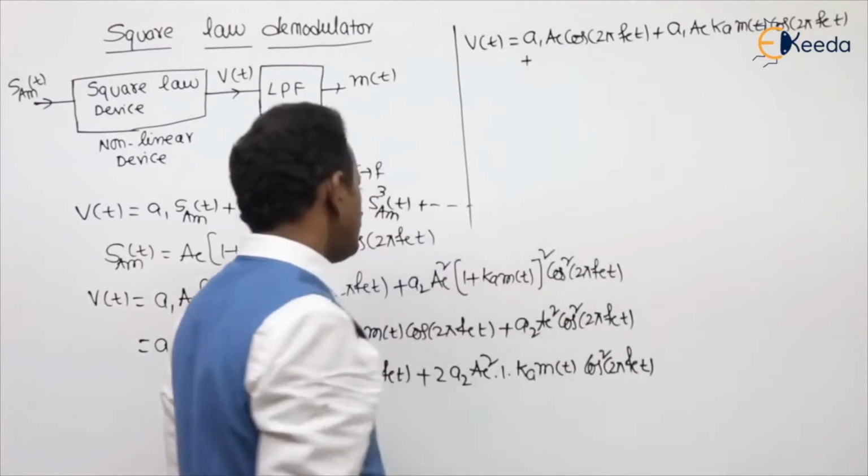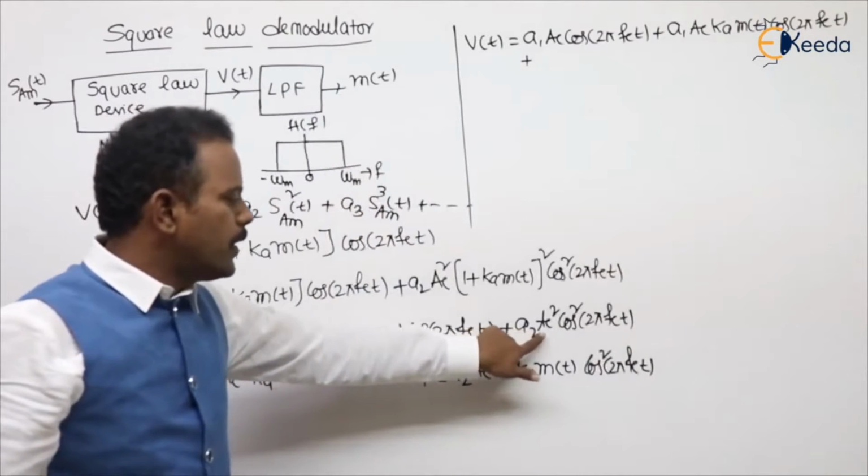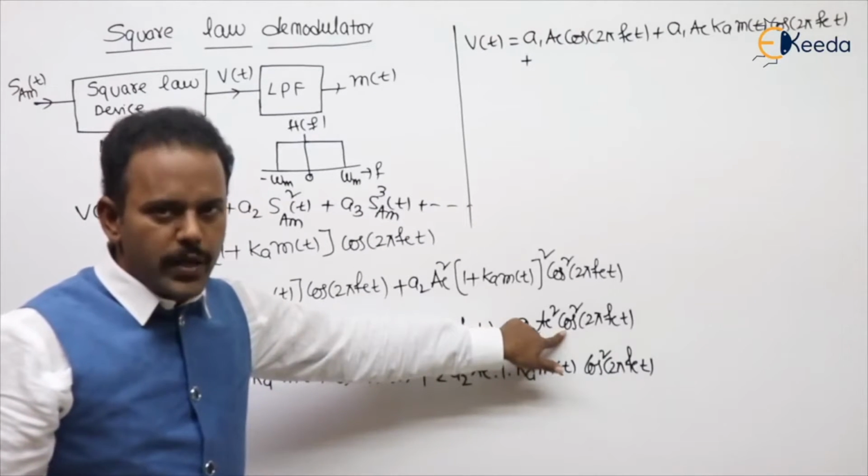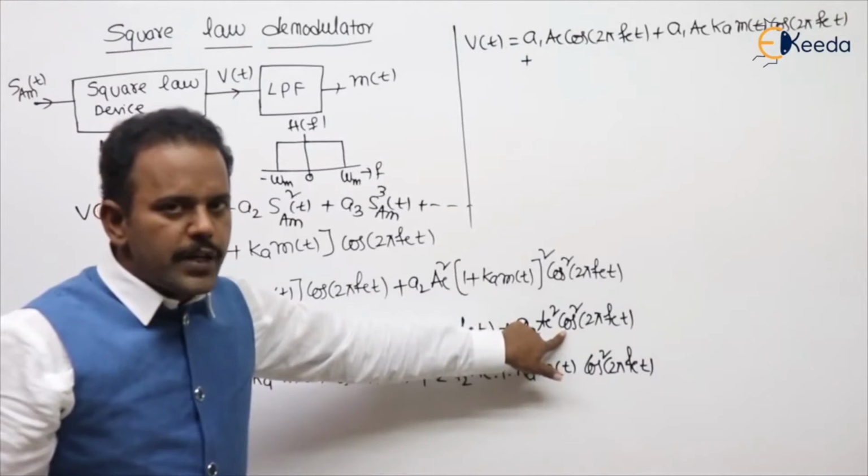Next term, what is the next term? A2 Ac square cos square. Cos square is written as (1 plus cos 2a) by 2, so 1 plus cos 4 pi fc t by 2.